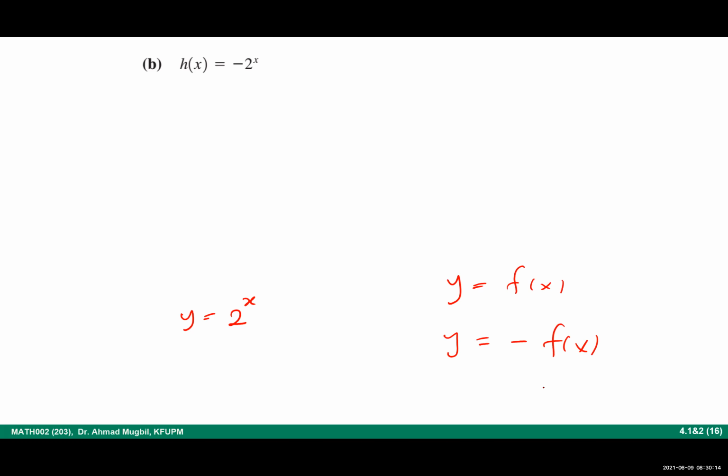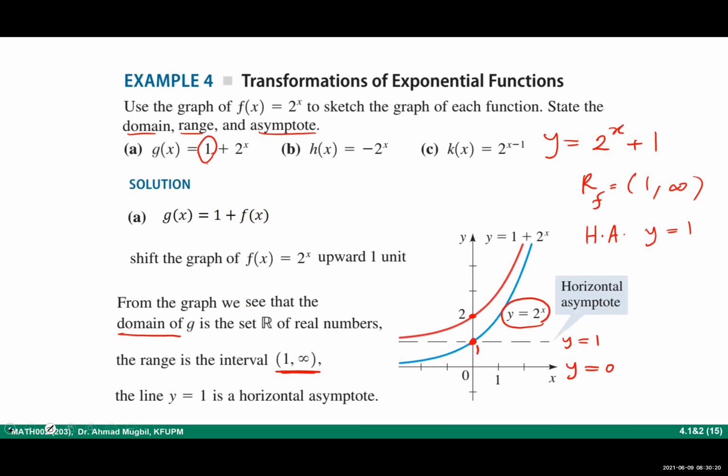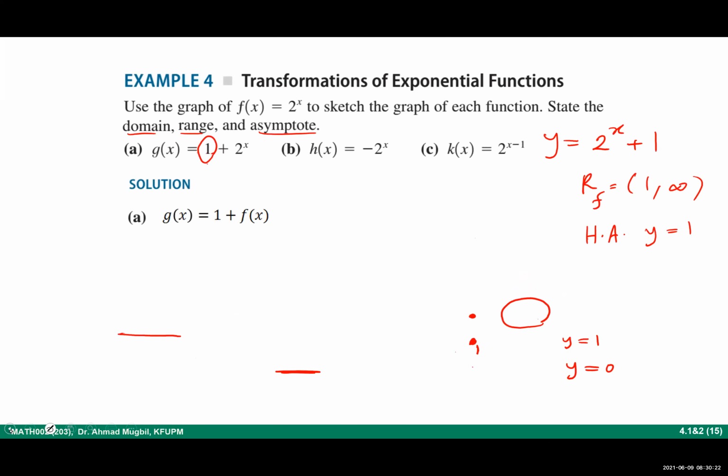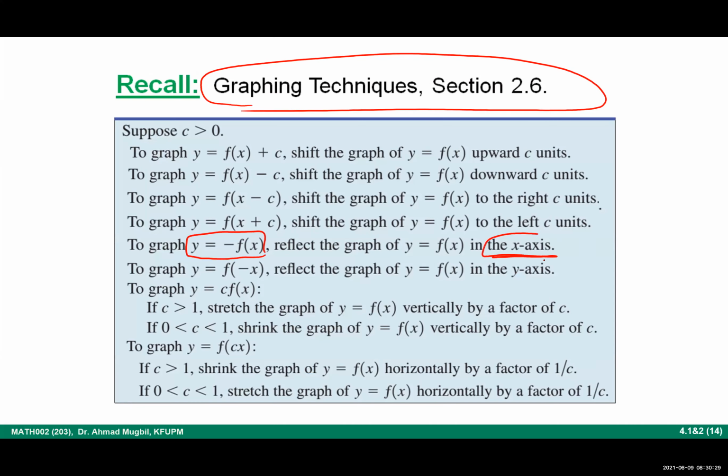The x-axis or the y-axis? You have to be sure. You should remember the graphing techniques. When you multiply the whole function by negative, it will be reflected in the x-axis. If we replace x by negative x, it will be reflected in the y-axis.